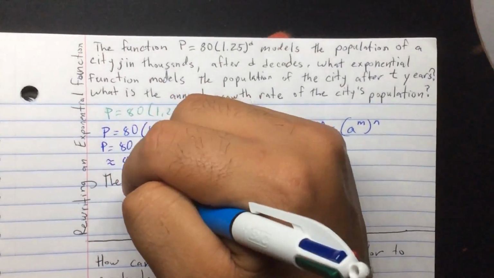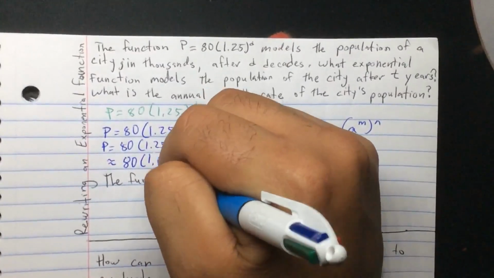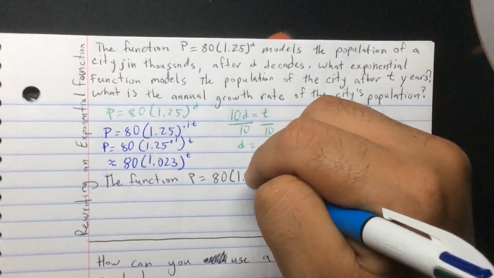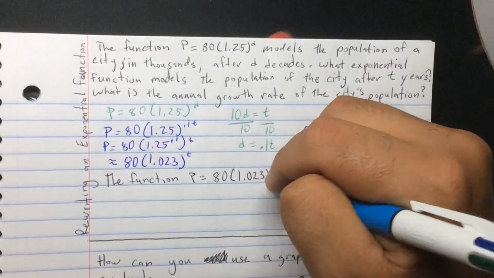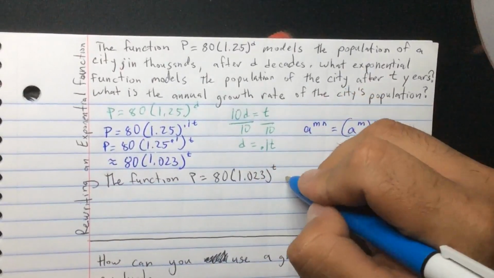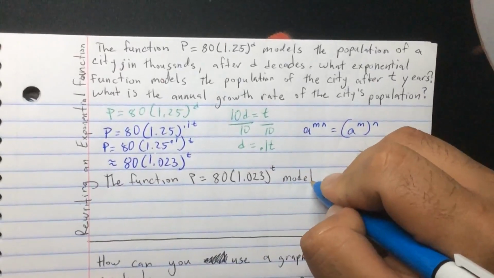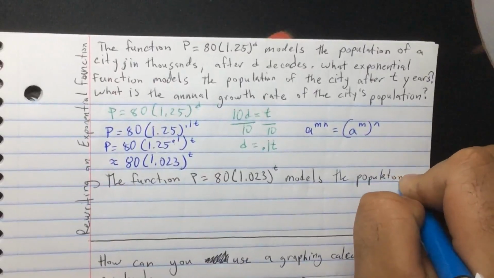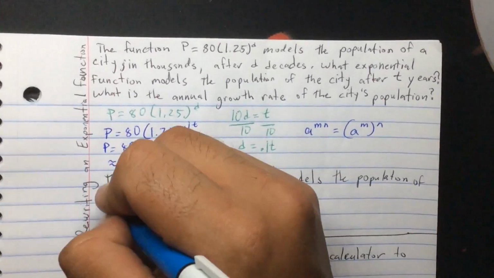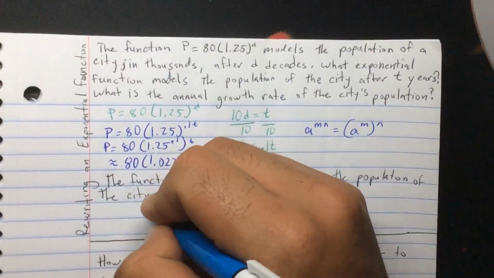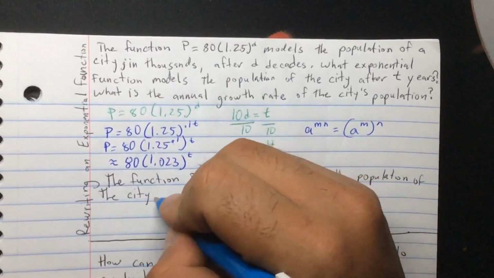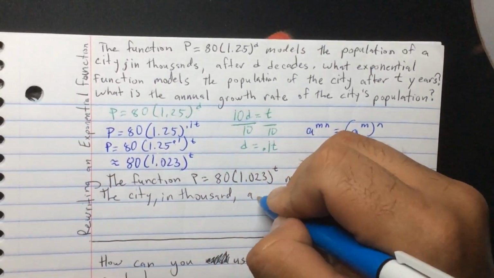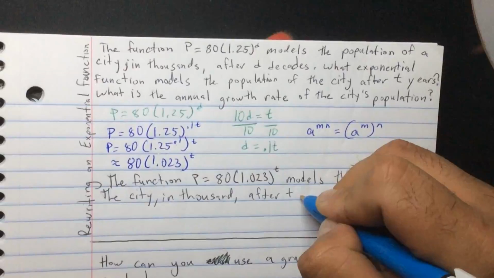So the function P equal to 80 times 1.023 to the T models the population of the city, I think it was in thousands, after T years.